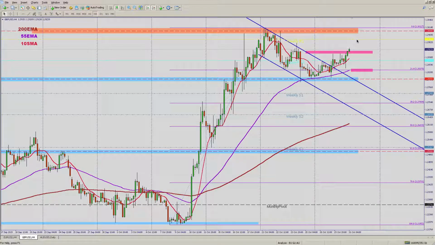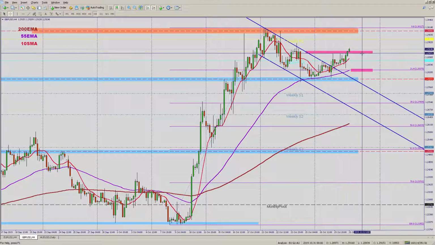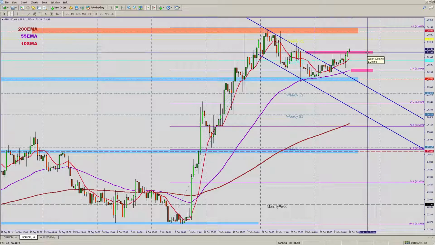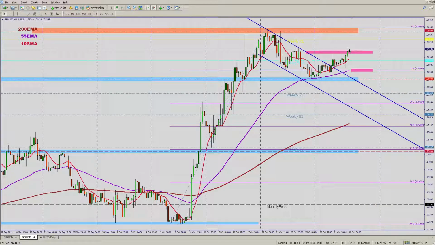So it may not be able to break the weekly R1, so it could also roll over back into this trading zone between these key zones here. Currently it's trying to break above the 129.10 area, so it's now at 129.25.